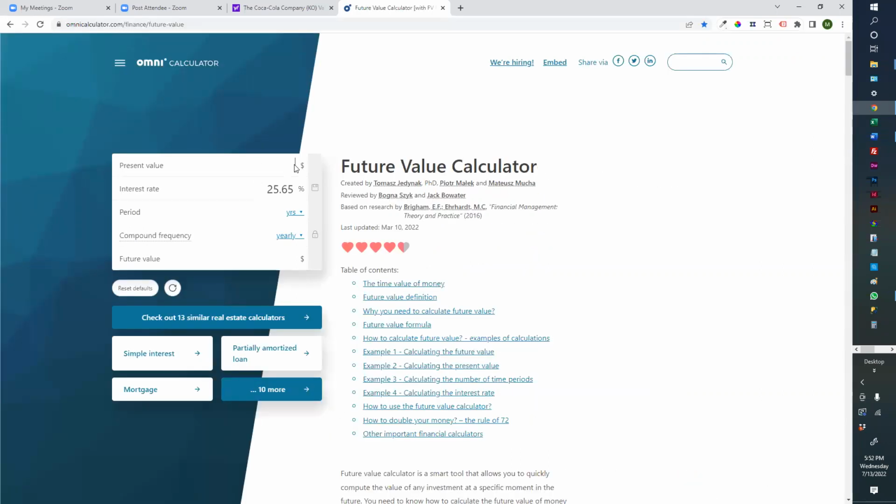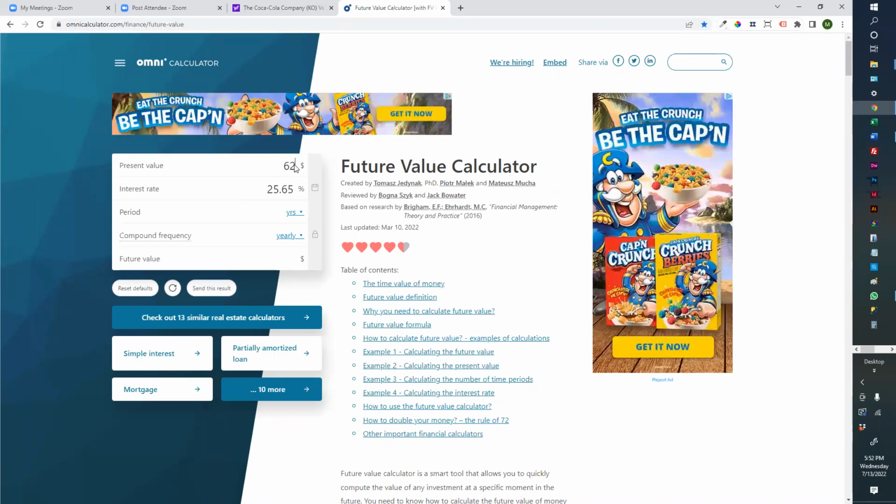So the present value of Coca-Cola is $62.63.